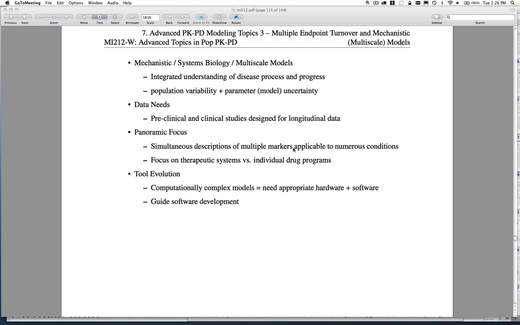And the really nice piece is that you can then apply this to various disease and drug conditions. I think I gave the example last week of developing the model for thrombocytopenia, where we had a drug affecting the development of megakaryocytes.